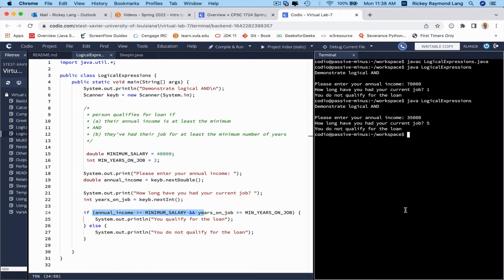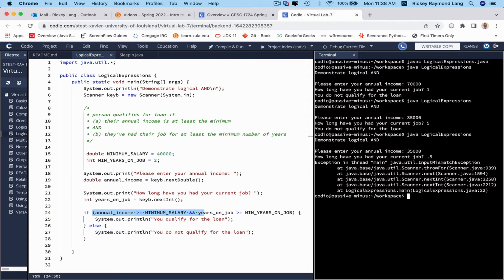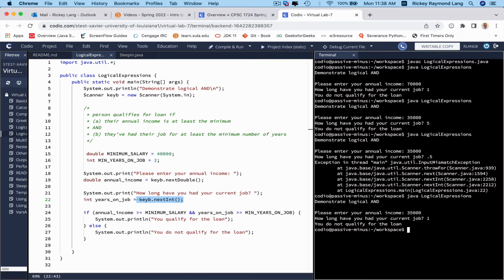And naturally, if both things are false, we have say 35,000, and we just started 6 months ago. Okay, we had a problem there because I tried to enter a fractional number with a nextInt, so I had a runtime error. Let's try that again. 35,000, and let's say I've been there for a year.